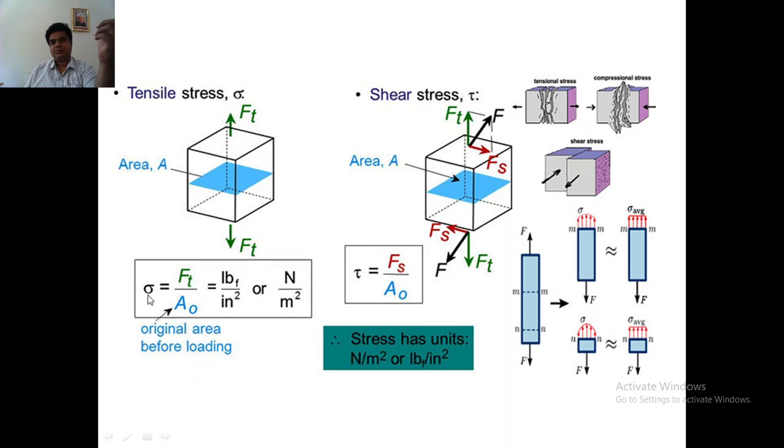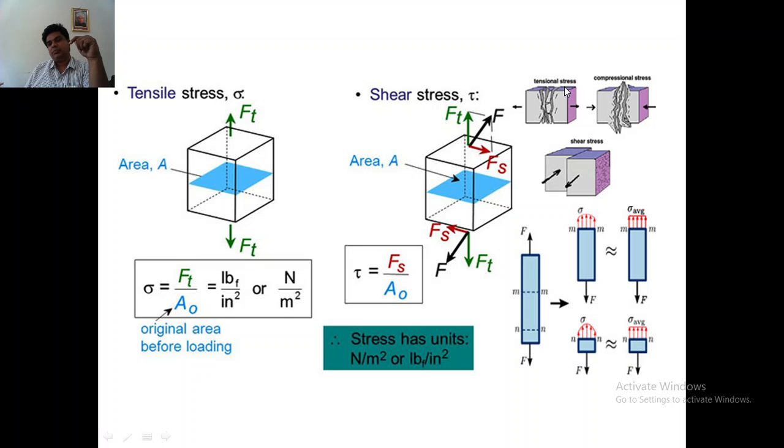Normal stresses. Normal means the load or the stress is acting perpendicular to the cross-sectional area. Shear stress is acting parallel to the cross-sectional area. It is acting along the surface or along the cross-section of the material. That's why it's called shear stress. So we have normal stress and shear stress.